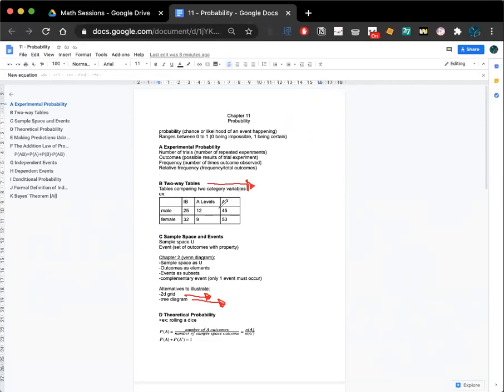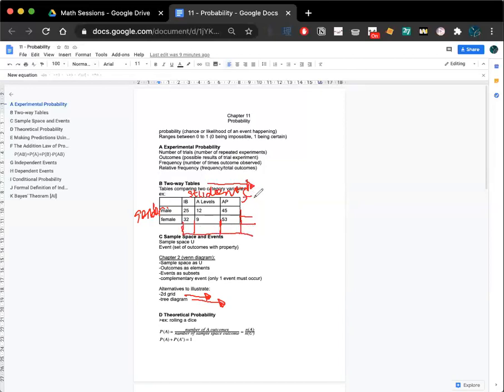The two-way table is a way to compare two distinct categories with several variables inside. For example, in this case, we have the category of students taking diplomas and their gender. The reason why we usually do this in probability is because it makes it easy for you to look for the relative frequencies or the probabilities that you want to find.